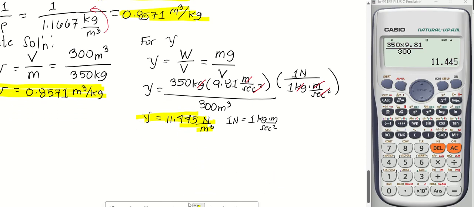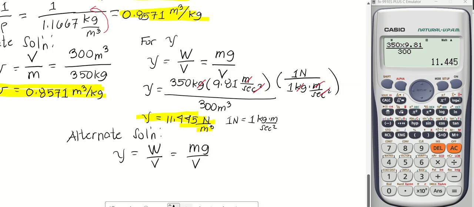If the specific volume has its alternate solution, specific weight also has it. So, alternate solution. Going back to our formula, which is weight over volume, we can have mass times gravity over volume. As you can see, we have m over v, which is equal to our density. So therefore, you can say that specific weight is equal to density times gravity.